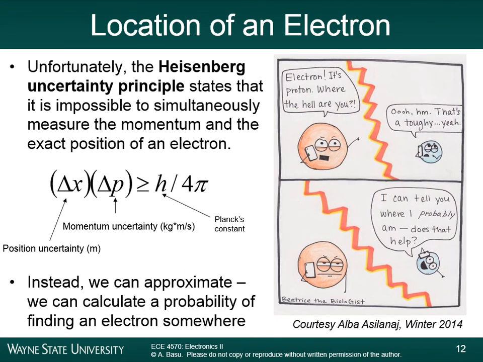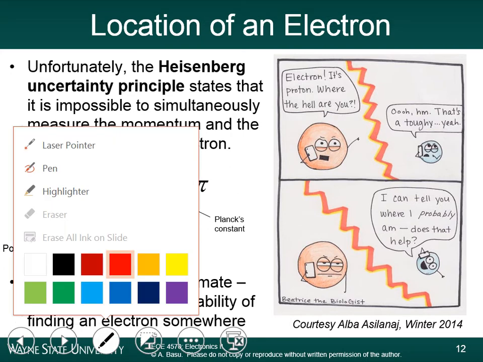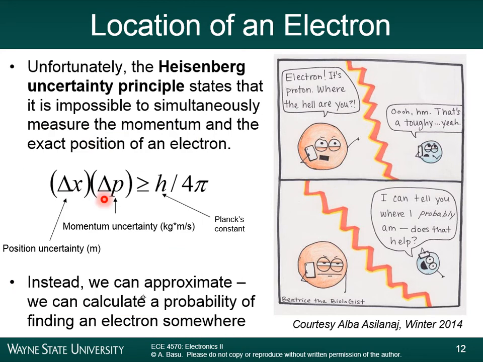So you'll have a problem on the Heisenberg uncertainty principle. It says there's something called the position uncertainty and there's something called the momentum uncertainty. So this is the position uncertainty here, delta x, the momentum uncertainty, delta p. Now, momentum is mass times velocity, right?